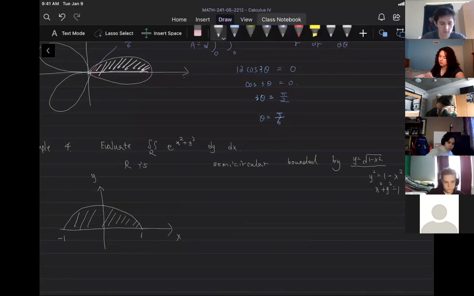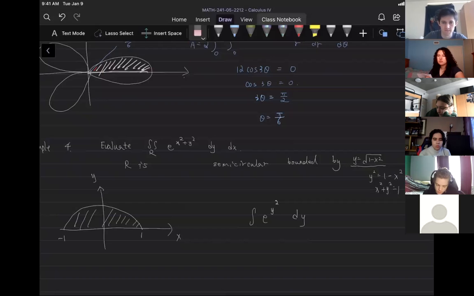Let's see. If we do Cartesian, there's no way to evaluate because we don't know how to evaluate this integral. If we have y e to the y squared dy, it's okay, we can do u sub. But for this problem, if we do dy first in Cartesian, we cannot solve this integral.